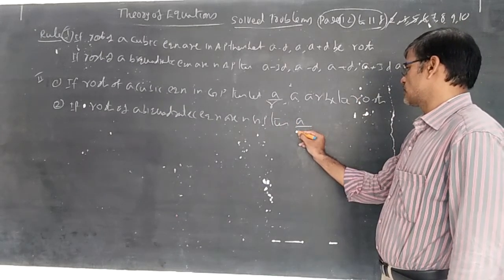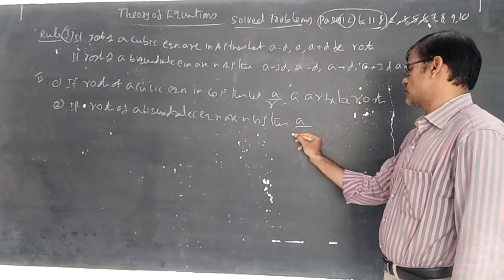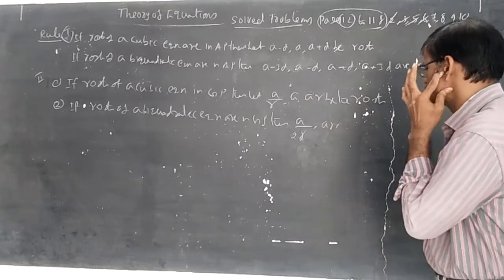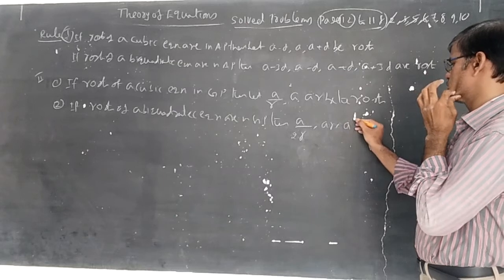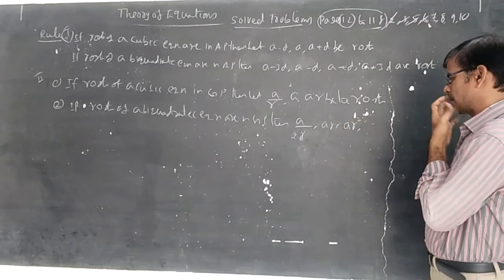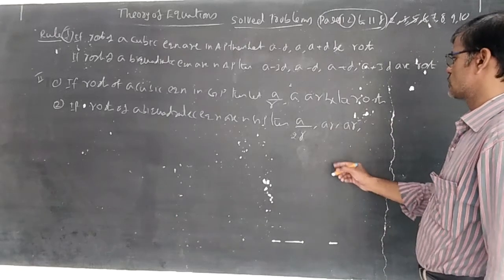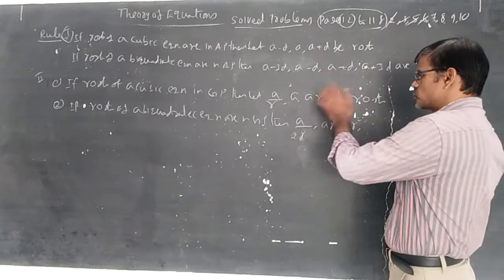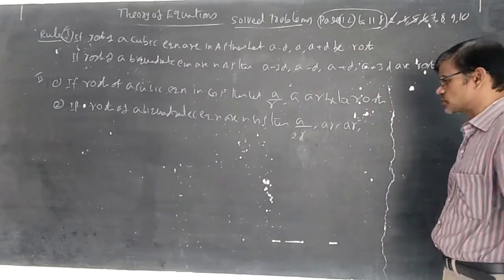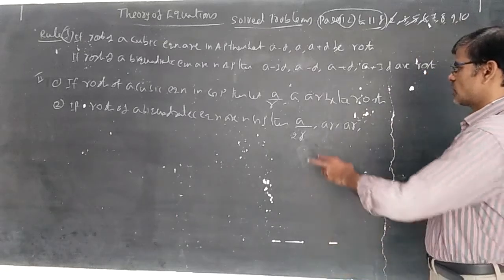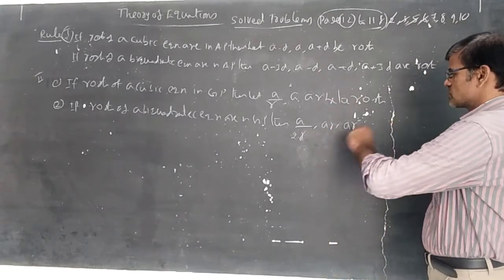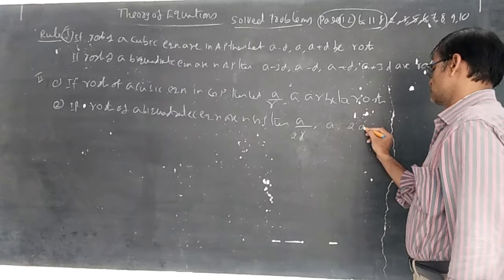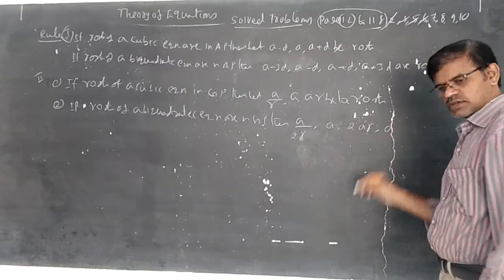The similar way, a by 2r, a, ar. Here a by r will be getting cancelled, r and r will be getting cancelled, a cube will be getting. In the way a power 4 we should get here. So 2r like this. In the similar way we can think a by 2r, a, ar, like that we should think.